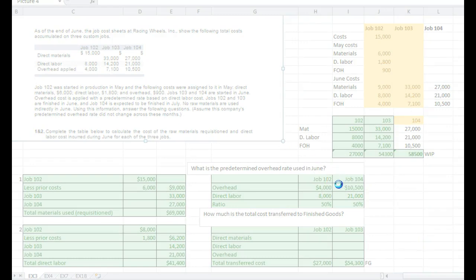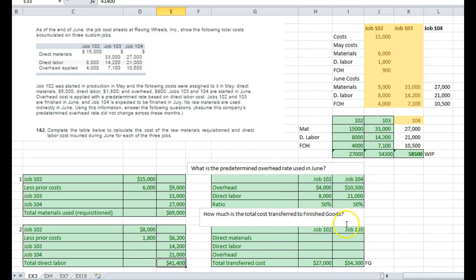Then when you look at the overhead, you can see that the overhead is allocated, okay? Here's 8,000 and 21,000. If you look at it here, right here, 21,000 and 10,000, 14,000, 7,100, 800, 400, it's allocated as 50% of the direct labor.